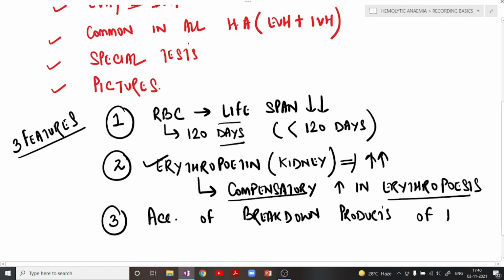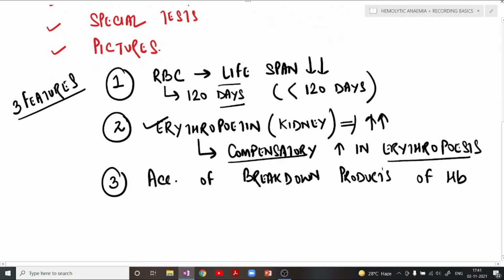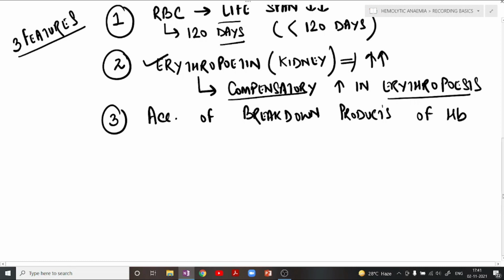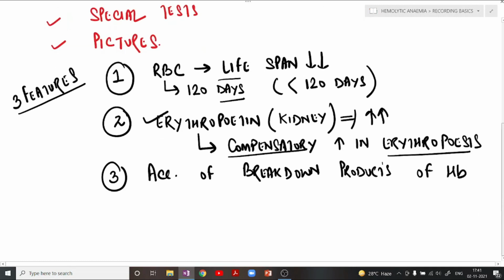As RBCs are destroyed, what is going to happen? This hemoglobin is going to give rise to certain products. Some of these products will enter the circulation, and some of them will enter the urine.